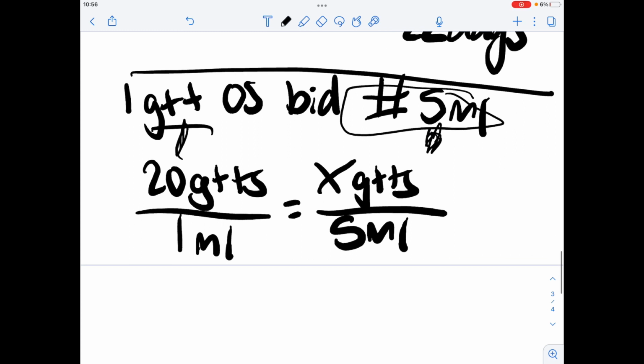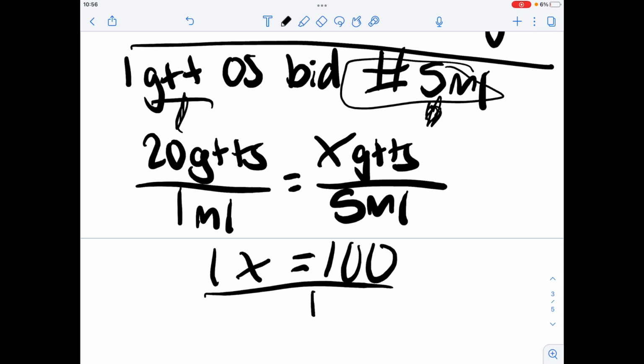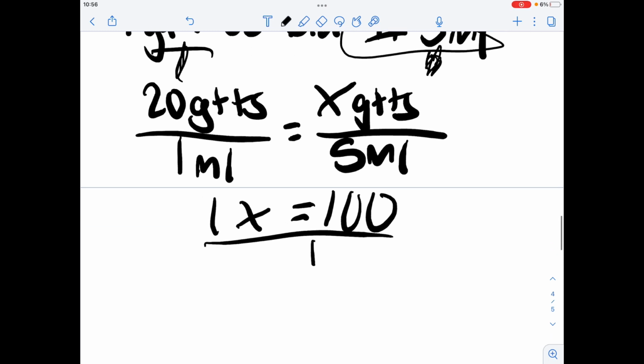Now we're going to cross multiply. So 1x equals 100. Divide both sides by 1 to isolate x, and we get 100 drops.